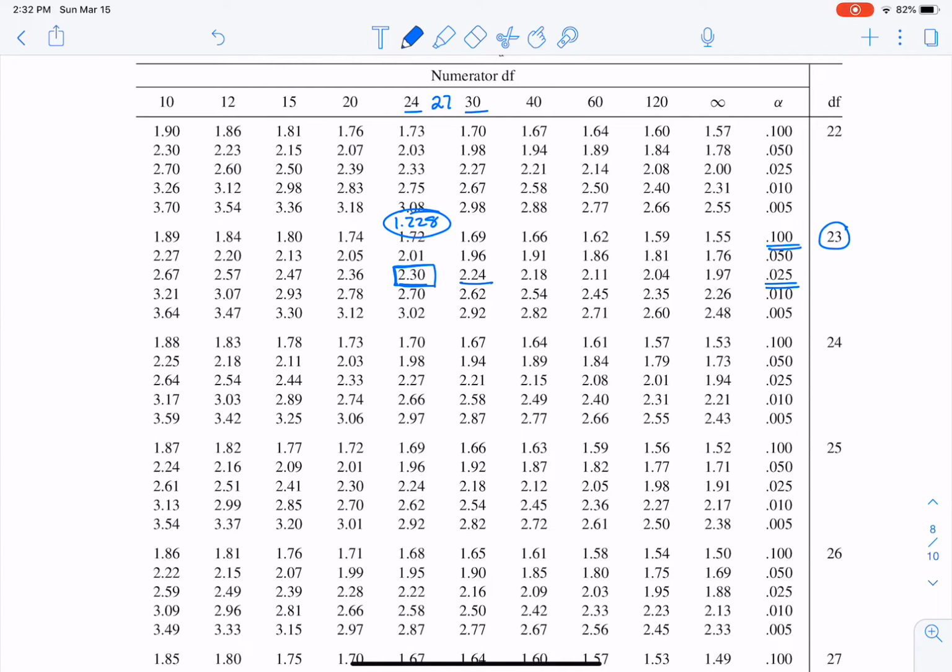That would be above an alpha over 2 of 0.1. So I'm going to remind myself that was an alpha over 2 of 0.1 for 1.228, and then I had a 2.3 for my critical F value.